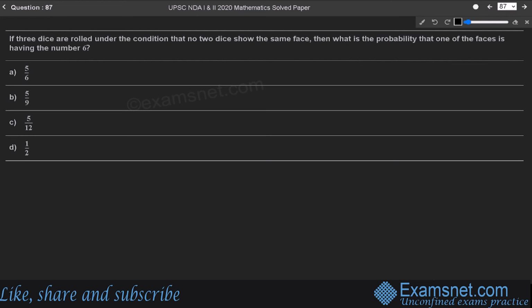Let us talk about the number of ways in which one of the faces has the number 6 and no 2 dice show the same number.